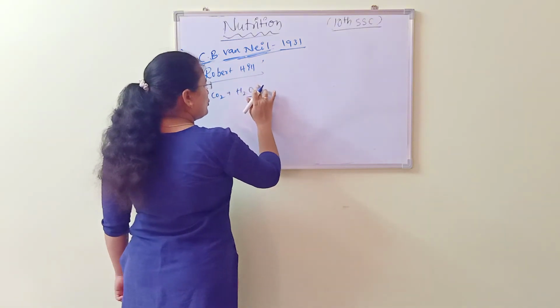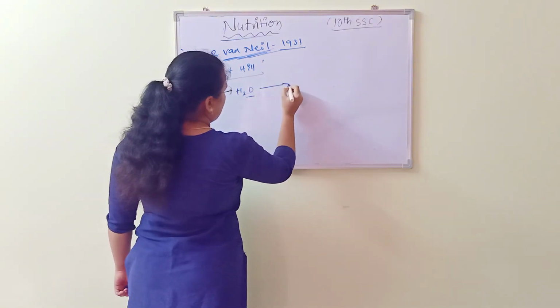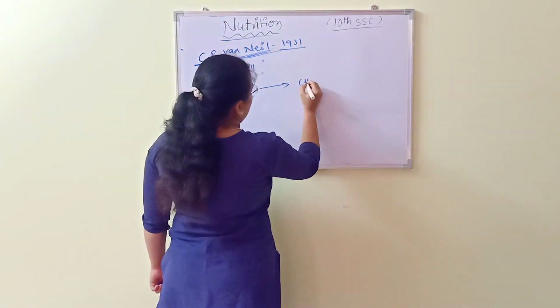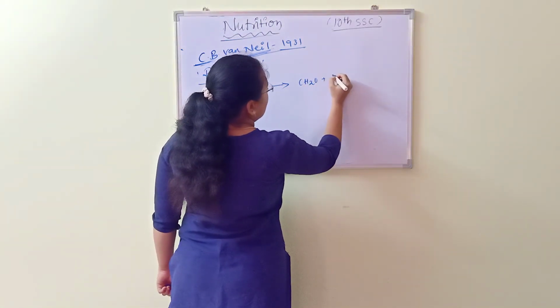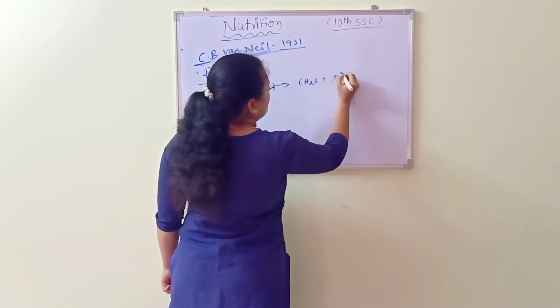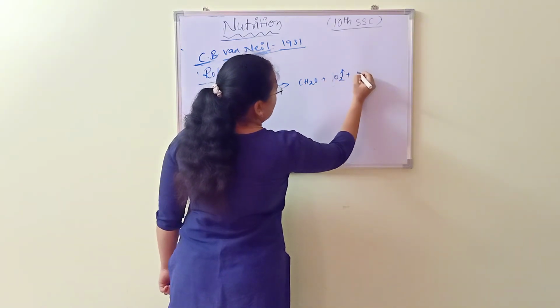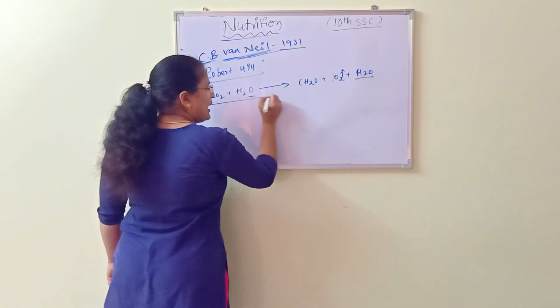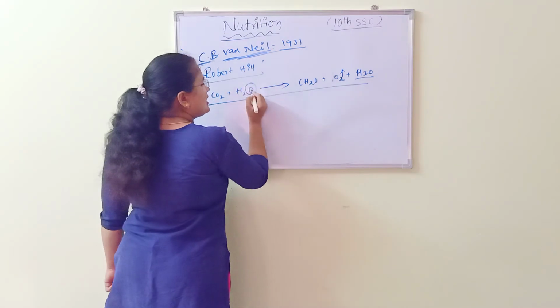See, by using this oxygen, again oxygen evolved. And he used the oxygen and he gave this equation.